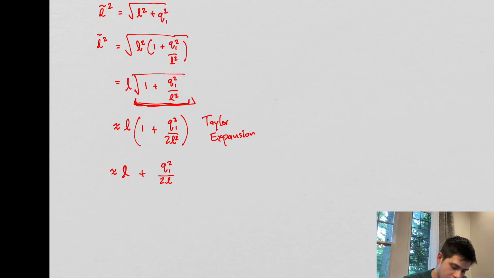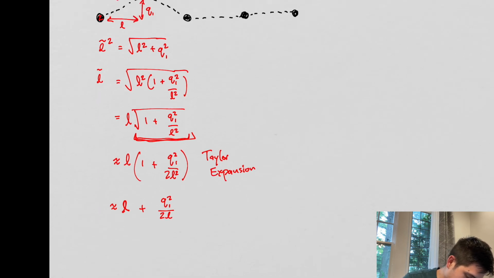But this is actually not squared, because when we took the square root, we got rid of the square on this side.